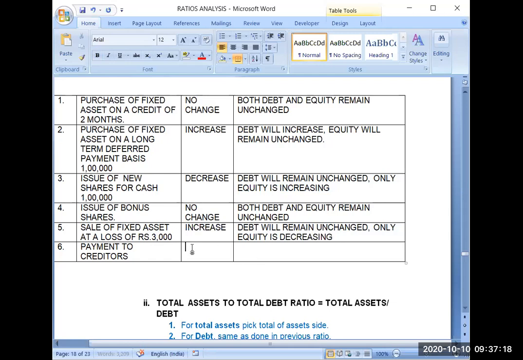Then the last one is payment to creditors. If you are making payment to creditors, the entry will be creditors account debit to cash account. Now creditors is a part of current liability and cash is a part of current assets. So only your current assets and current liabilities are changing, reducing, but it will not impact debt or equity in any manner.